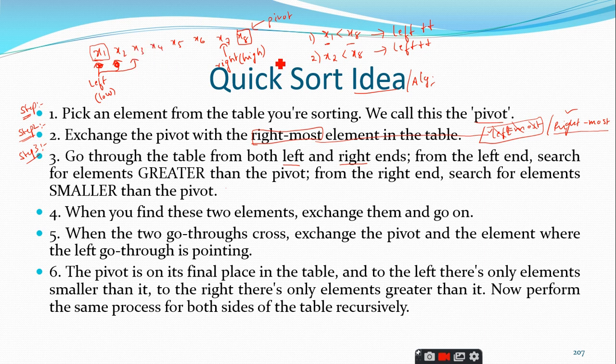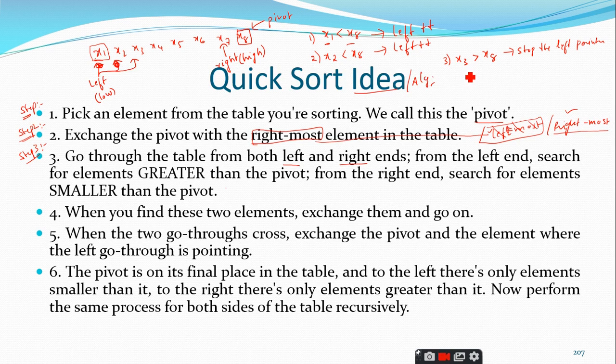For example, let us assume the third case where the left is pointing to x3, which is greater than x8. Now, what do you have to do? You have to stop the left pointer. So, by these 3 points, what we understand is that you have to make the left pointer point to an element that is greater than the pivot.